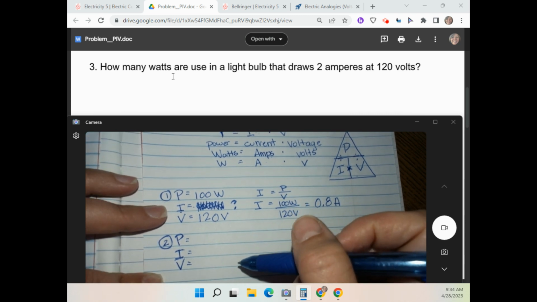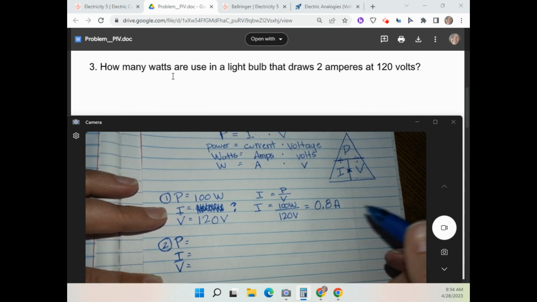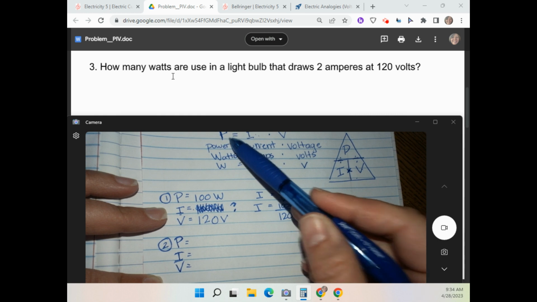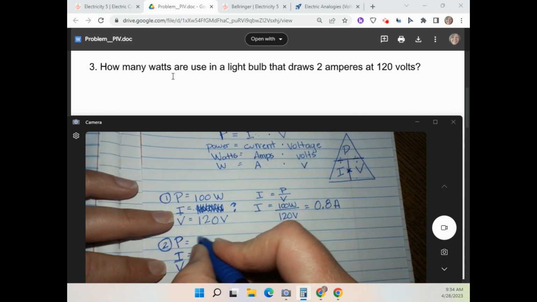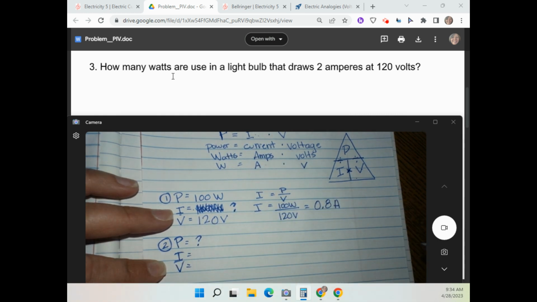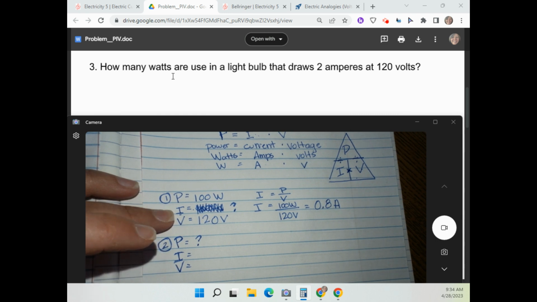All right. So how many watts? Well, what does watts go with? Watts goes with power. So we know that power is our question word. How many watts are used in a light bulb that draws 2 amperes at 120 volts? All right, so it draws 2 amperes.